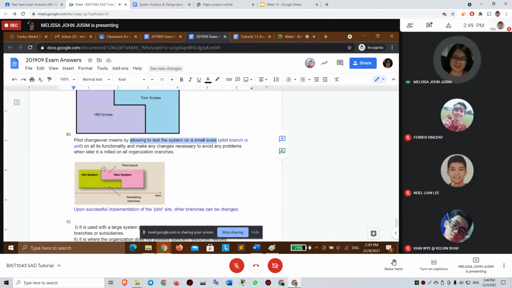You can label this as the pilot branch, meaning currently only the pilot branch is using the new system and old system, whereas the remaining branches are only using the old system. Once this is a success, then other branches can be converted into the new system.